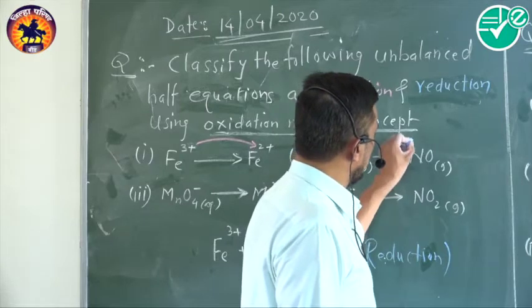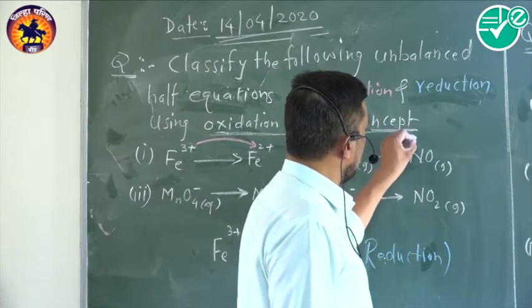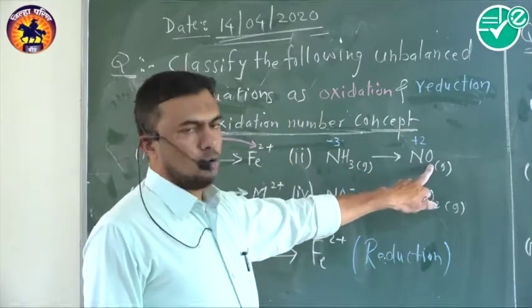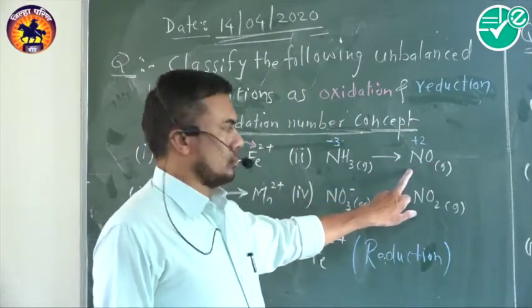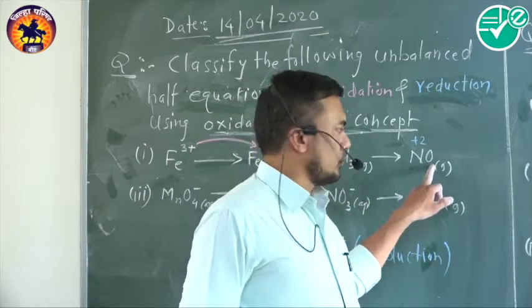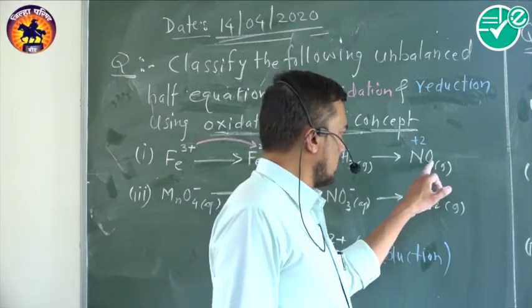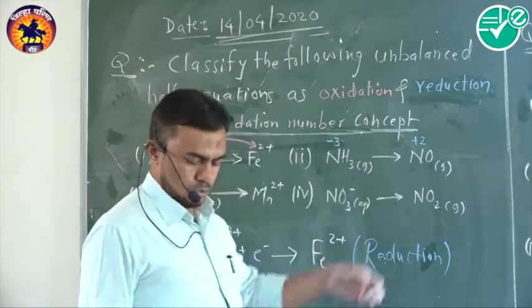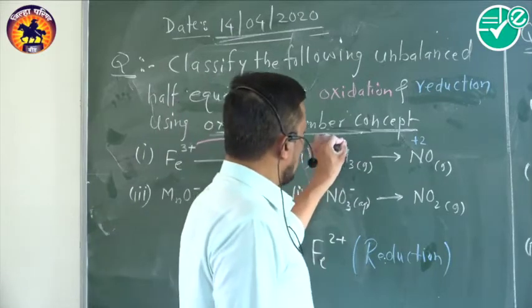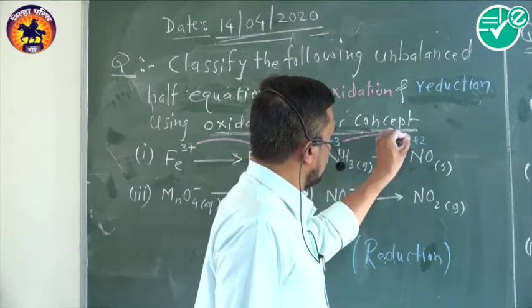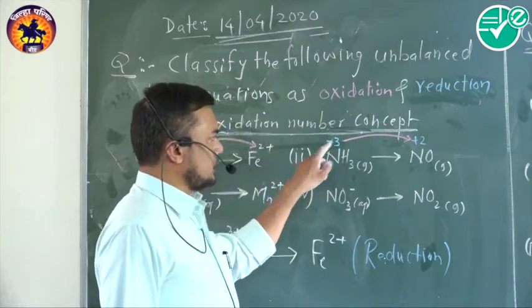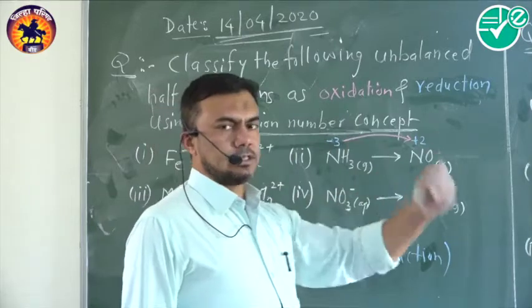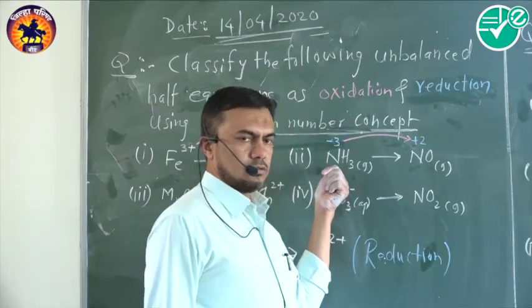Here, the oxidation number of nitrogen is +2, because oxygen is more electronegative than nitrogen, so it shows the -2 oxidation state. Therefore, the oxidation state of nitrogen is +2. The oxidation state changes from -3 to +2, so the oxidation number of nitrogen increased.